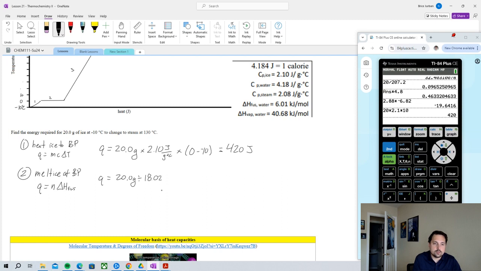I'll use 0.2 for this, and multiply by the heat of fusion, which is 6.01 kilojoules per mole. Okay, so now this is in kilojoules. So I'm going to convert this one to kilojoules as well.